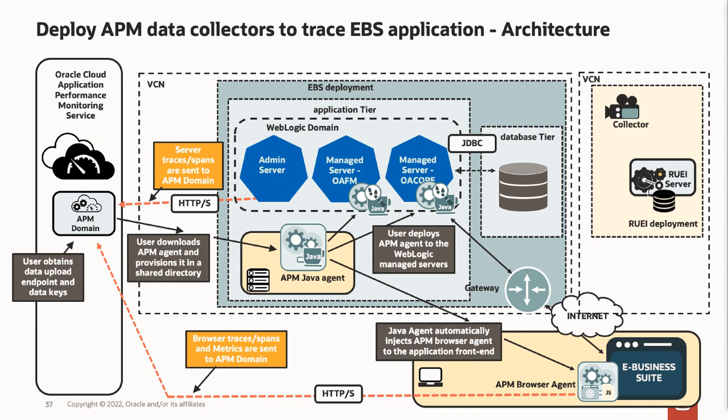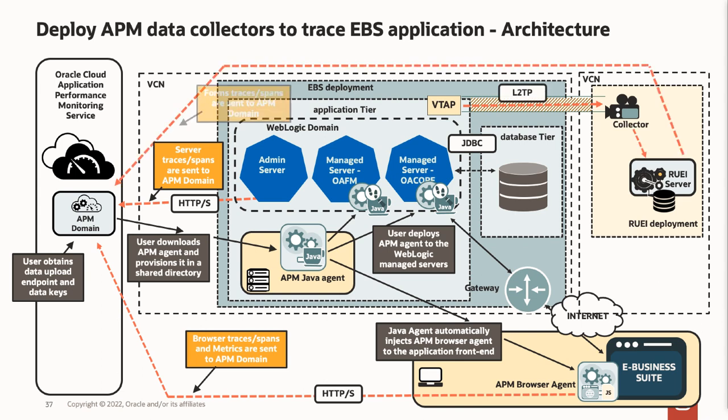You can provision the RUI app from Oracle Cloud Marketplace or manually install the RUI program in your compute instance. Then configure L2TP tunneling between the RUI server and the web tier. This will capture users' forms activity performed in their client machines and upload the traces and spans to the APM domain.